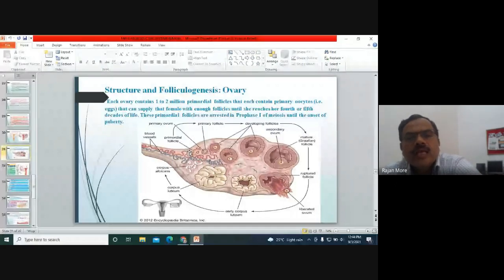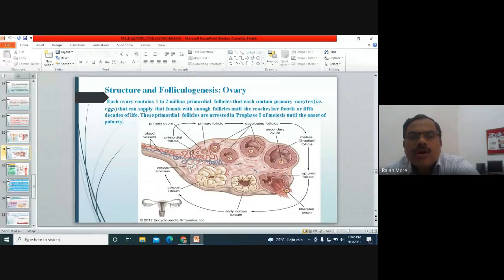Further, these eggs can supply the female with enough follicles until she reaches her fourth or fifth decade, when she becomes 40 or 50 years of age.